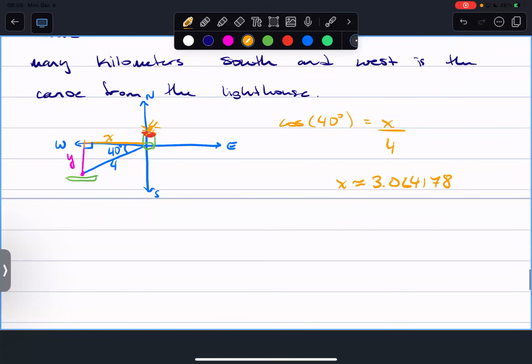And so here, on the negative x-axis, so x is roughly negative 3.06 kilometers. Or should we just get really sloppy on our last-ish day?